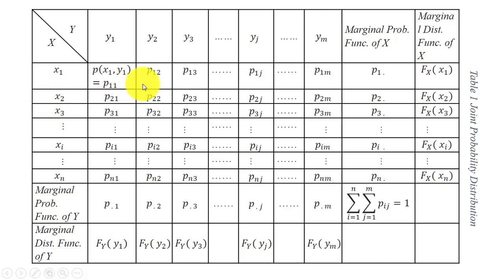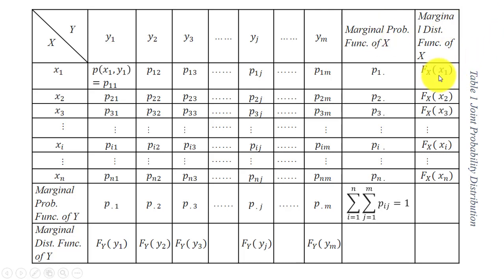If you take the sum of all these, it is the marginal distribution function, denoted by f subscript x, where we are summing over the values of y, whereas the value of x is not changing, x equal to x1 only.